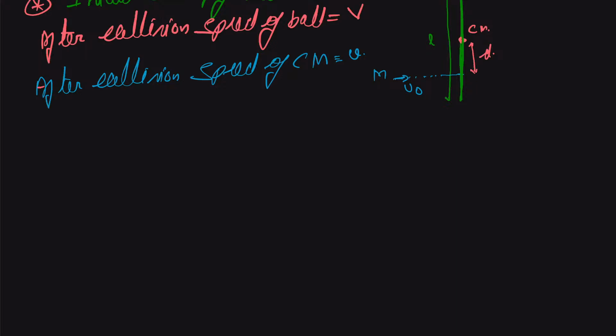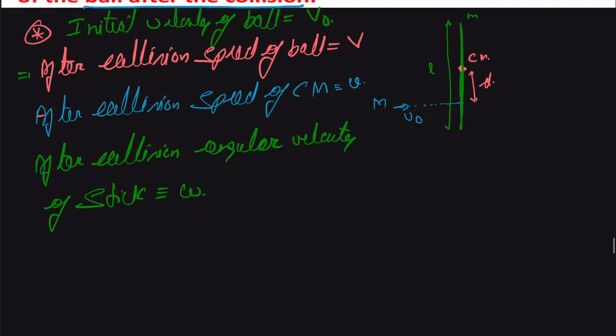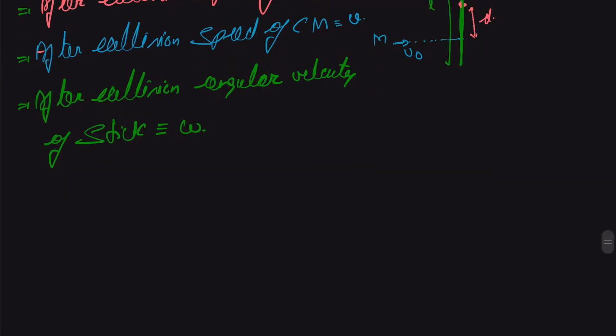So you can say that after collision, angular velocity of stick is, let us suppose, omega. And the rest of the things are quite obvious from the figure.